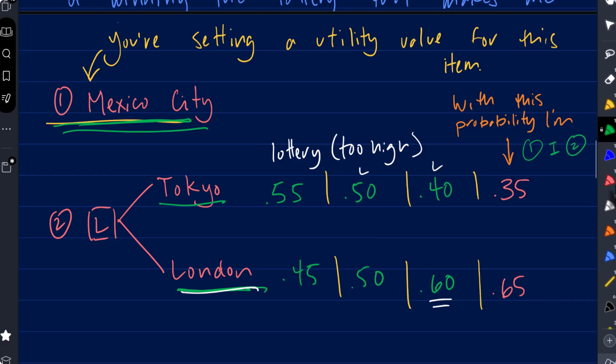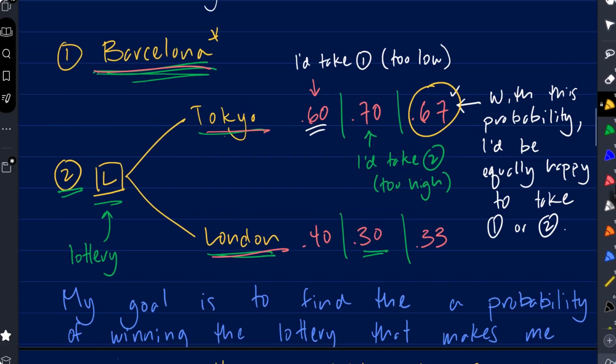So with this probability, I'm indifferent between choices 1 and 2. What does that mean? That means for me, the utility value for Mexico City is 0.35.